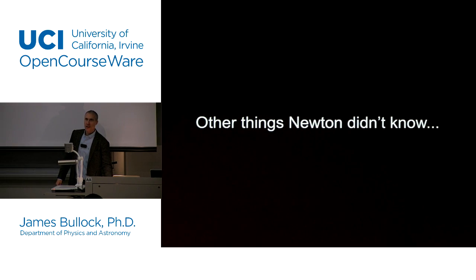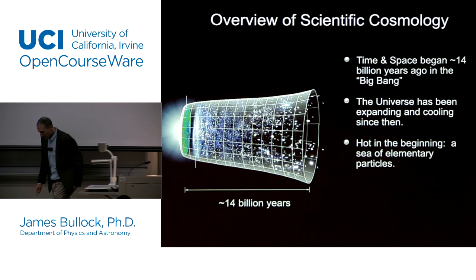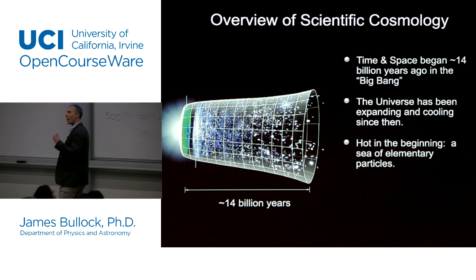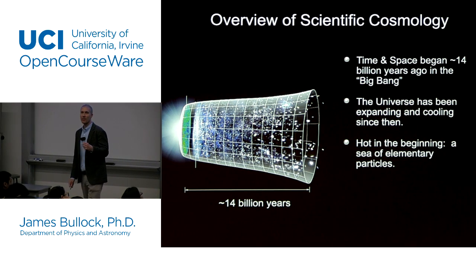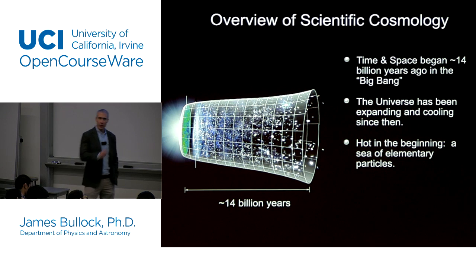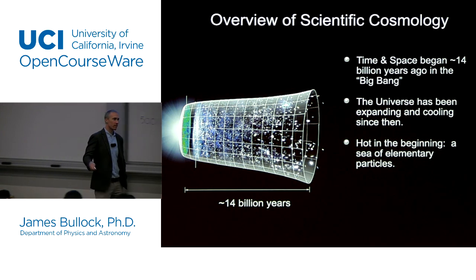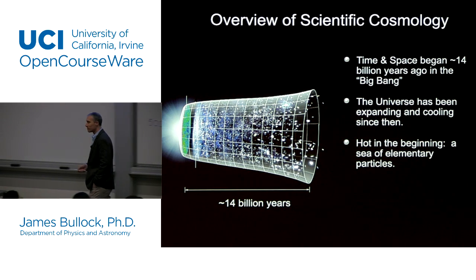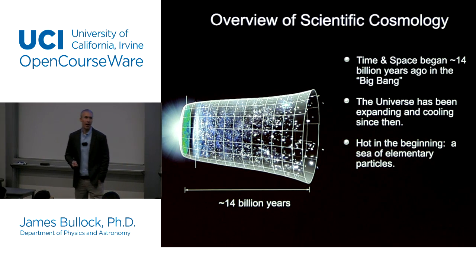So what are some other things that Isaac Newton didn't know? According to modern scientific cosmology, and again, I'll walk you through the evidence for this later, all of space and time, so not just time but also space, was created about 14 billion years ago in something that we call the Big Bang.